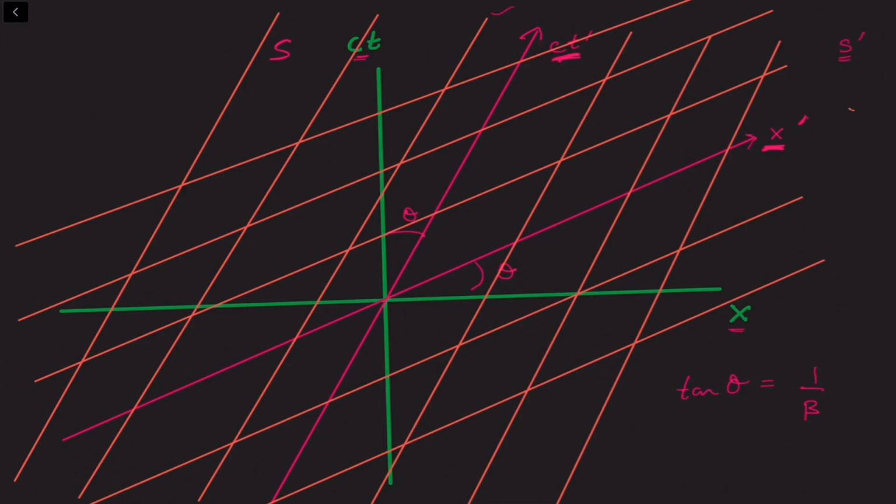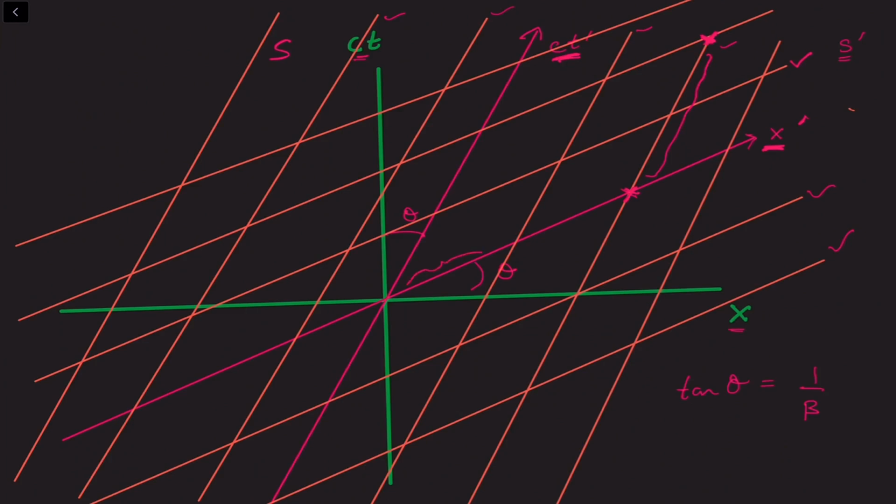These lines here are parallel to the t prime axis, and these lines here are parallel to the x prime axis. If we want to locate, for this particular space-time point, the t prime and x prime coordinates, I simply locate which grid lines it lies on. To locate its x prime coordinate, I would locate the grid line parallel to the t prime axis, see where this intersects the x prime axis, and compare it to a unit distance along the x prime axis.